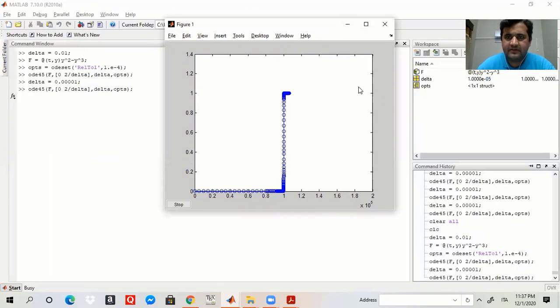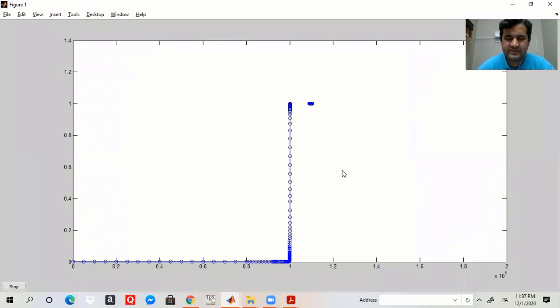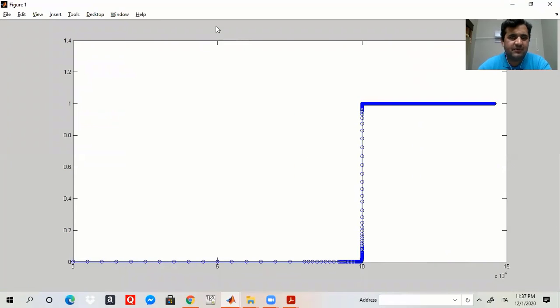Now the point is, after this interval, your solution moves very slowly, but at the initial stage, you have seen that it moves very fast, because over here you have a stiffness. So I can stop it by using this button, and then maybe I can see what's going on over here.